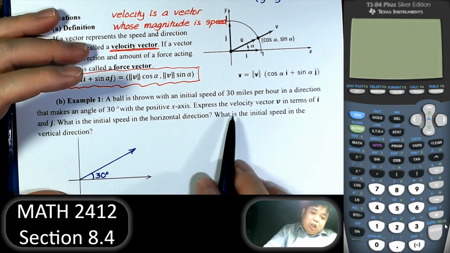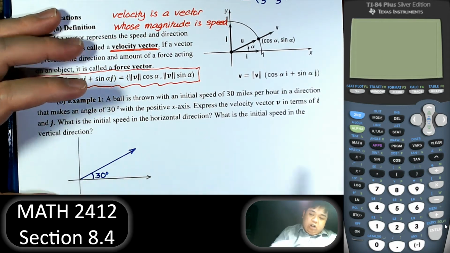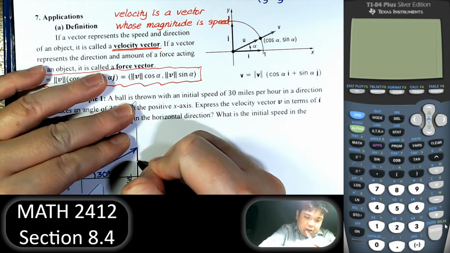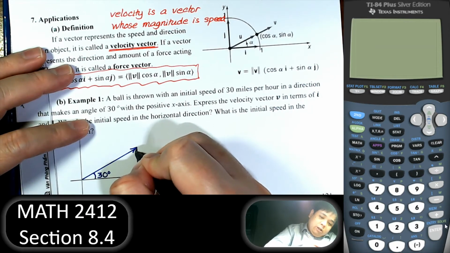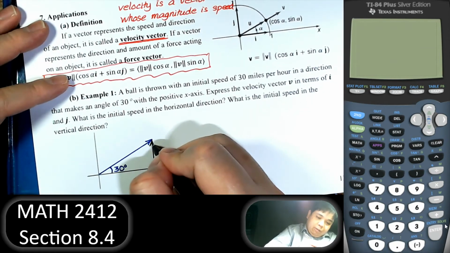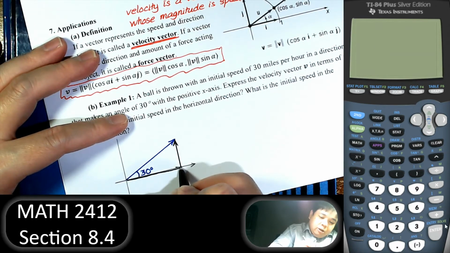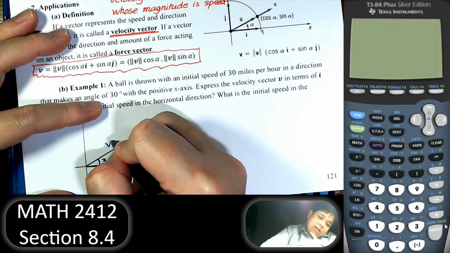Now, express the vector v in terms of the component vectors i and j. So first we need to decompose this into a horizontal component and a vertical component. Right, let's say we have the vector v.